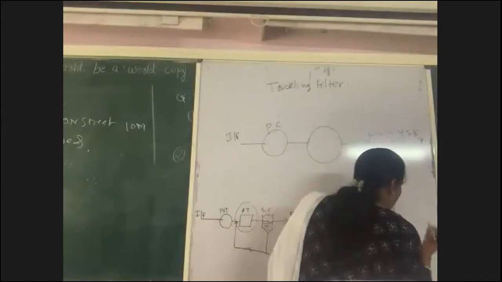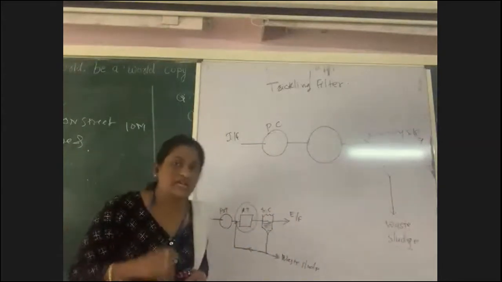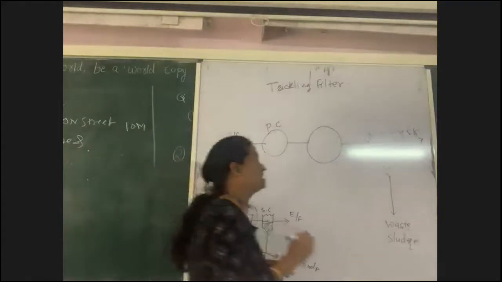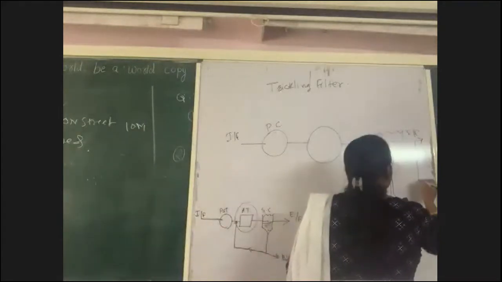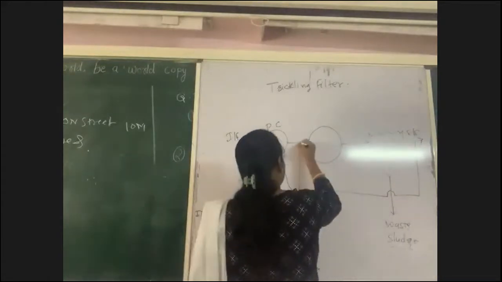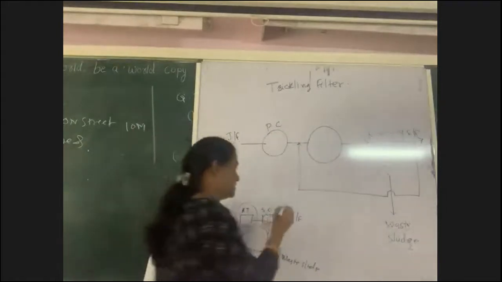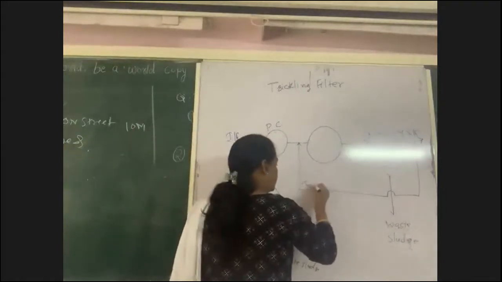We are not recirculating the waste sludge, but something else we are recirculating, and that is nothing but the treated effluent. Treated effluent we are recirculating. I can say here treated effluent.